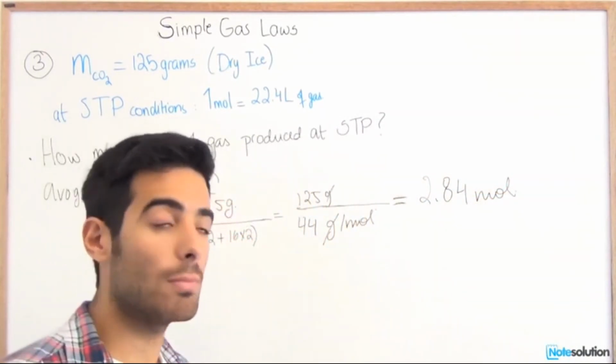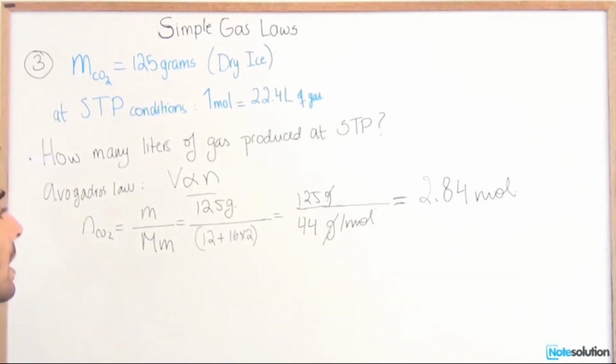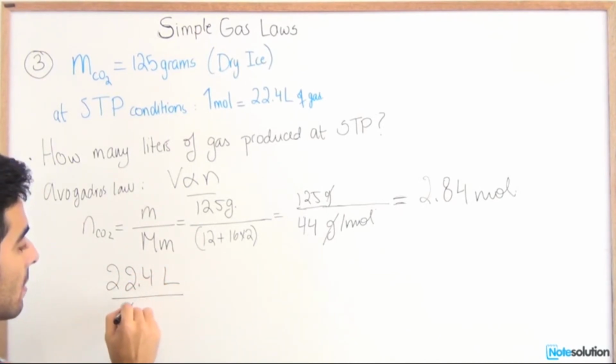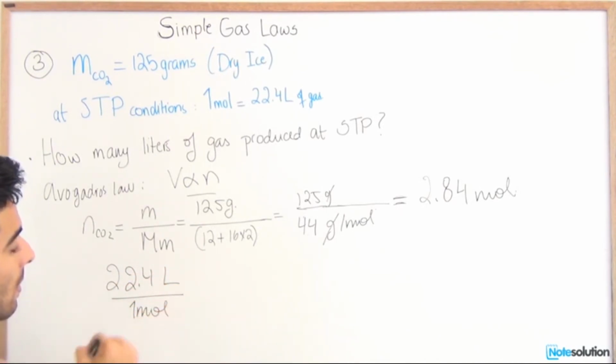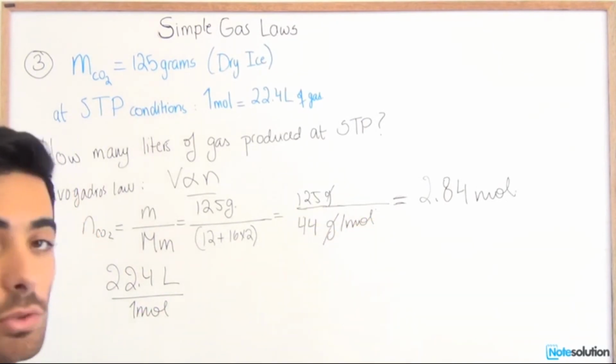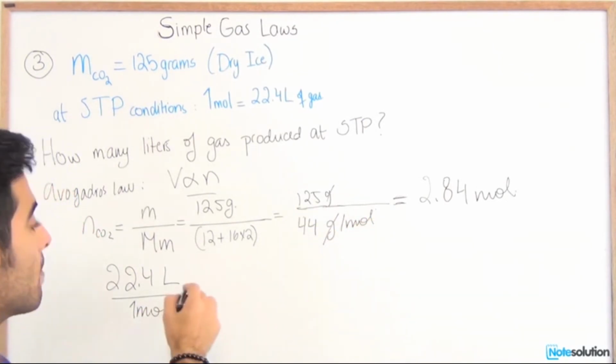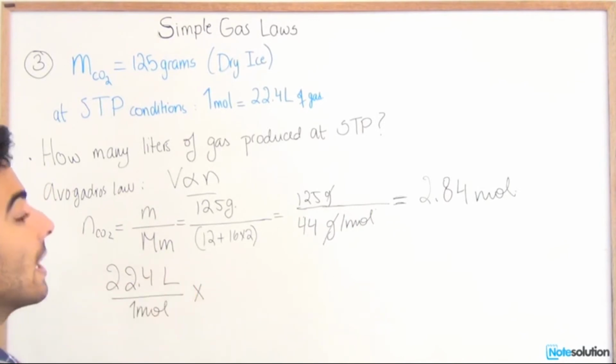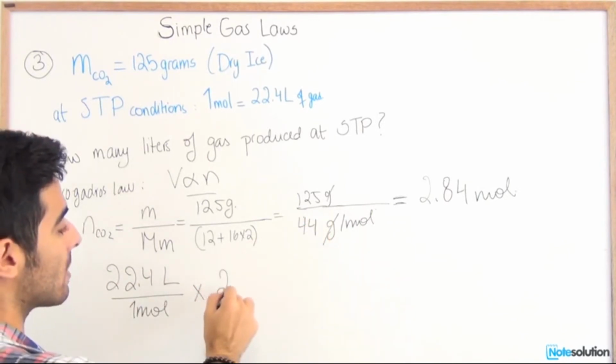Now that we found the number of moles, let's see how many liters that would come up to. We know that in 1 mole there's 22.4 liters of a gas. So in order to find how many liters 2.84 moles have, we simply multiply this relationship by the amount of moles that we have.